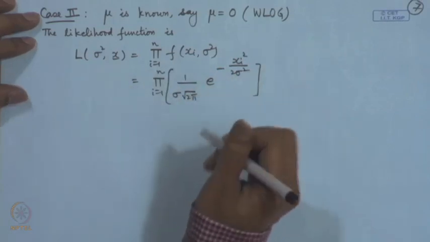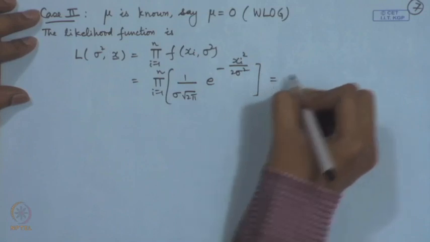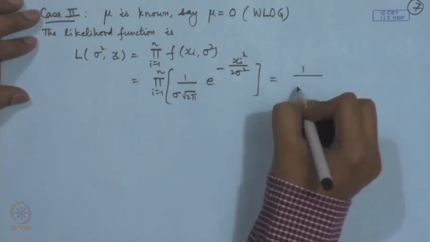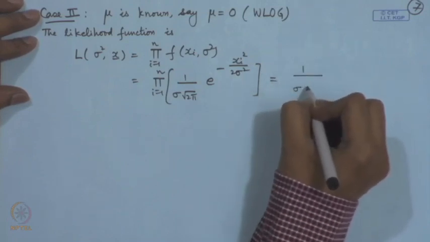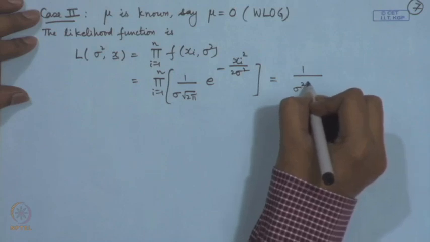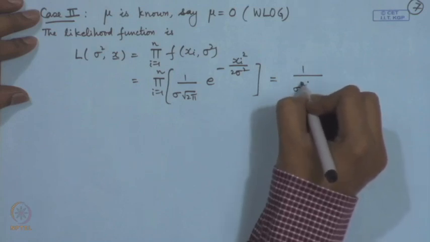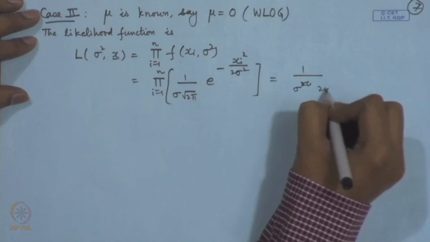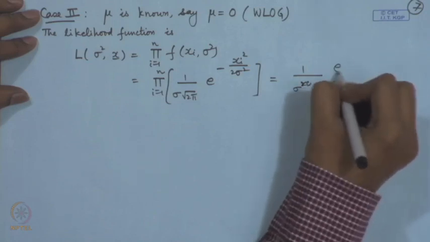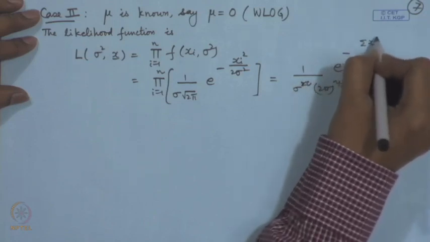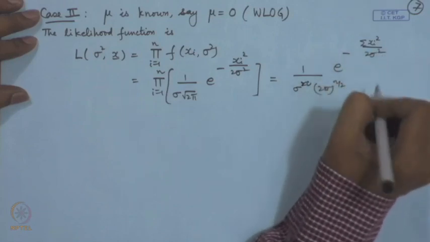So, we can write it in a more compact fashion. It becomes equal to 1 by sigma to the power n, 2 pi to the power n by 2, e to the power minus sigma x i square by 2 sigma square.